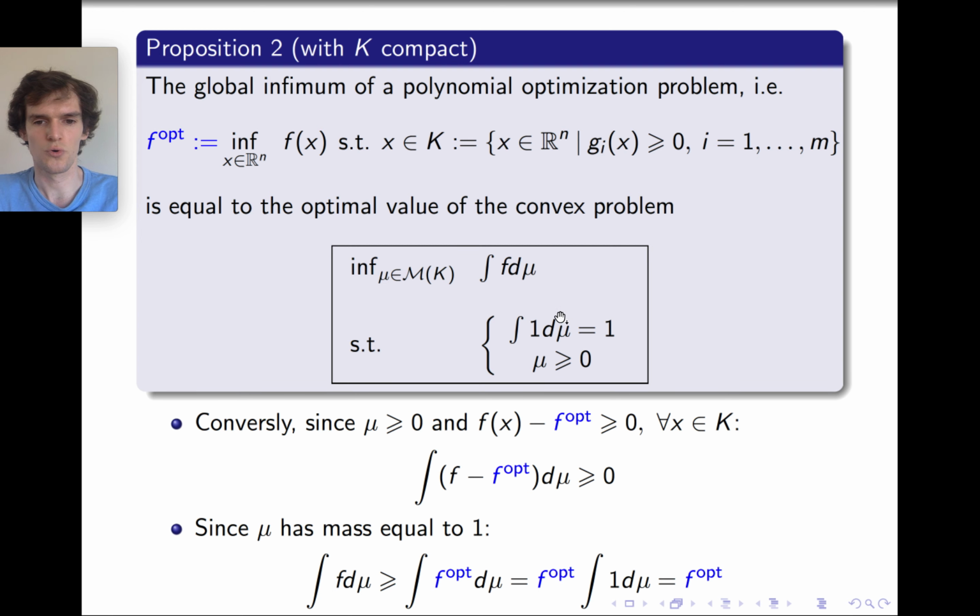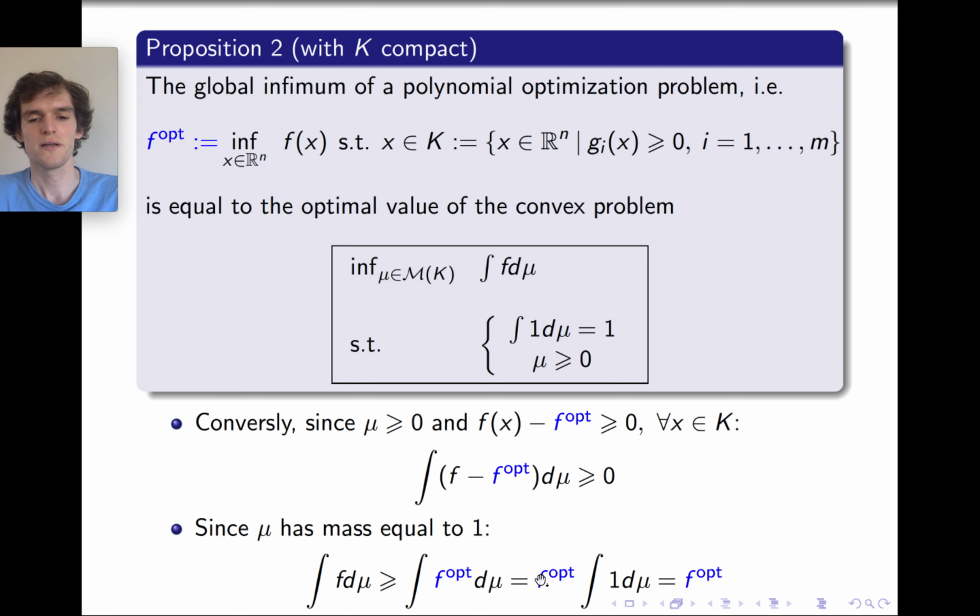So take a feasible measure here. Since it's non-negative, and by definition of f opt, the optimal value, it should be that f of x minus the optimal value is greater than or equal to 0 for all x in K. And so again, just applying the definition of non-negativity of the measure, this here should be non-negative. Now since mu has mass equal to 1, the integration of f with respect to mu is greater than or equal to the integration of f opt with respect to mu.